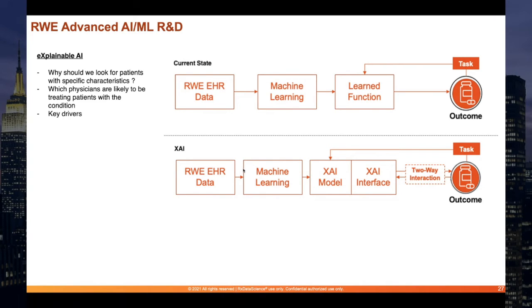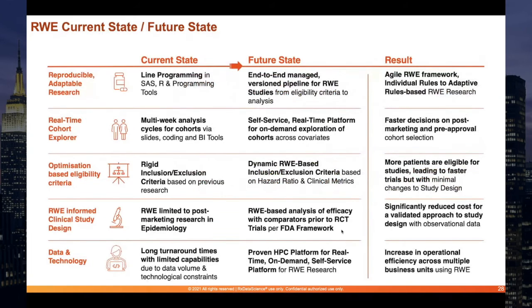But what explainable AI does is that it doesn't only give you the prediction; it actually tells you why it made that prediction. So it's going to tell you that this patient is going to have this particular outcome because historically there were 20 other patients like this patient, and they had these comorbidities, and they developed the same outcome. So it's not really just a black box any longer.